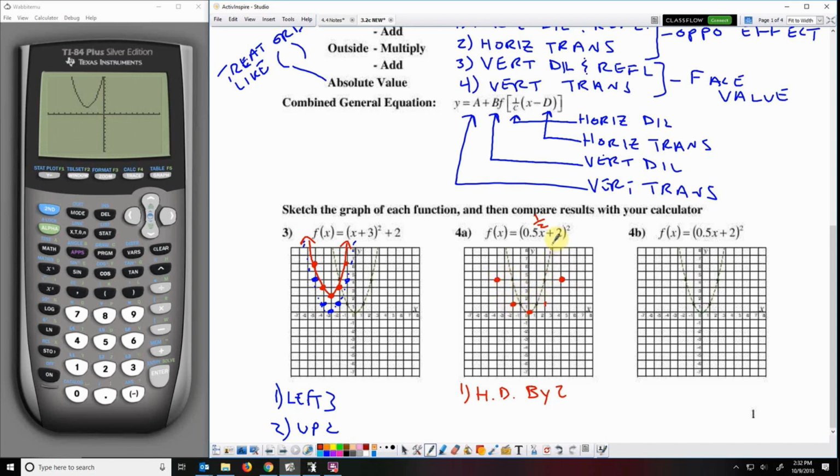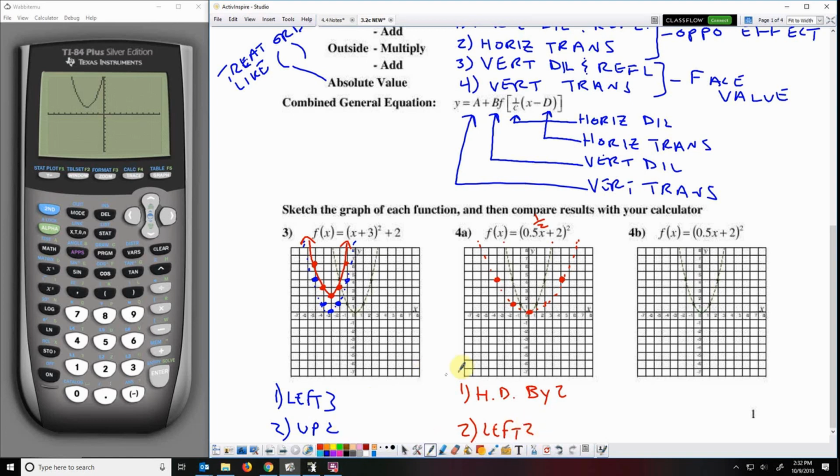Way up here at 3, 9 and negative 3, 9, that's going to be doubled to 6, 9 and negative 6, 9. So there's my horizontal dilation by 2. And then I've got a plus 2. So it looks like left 2.